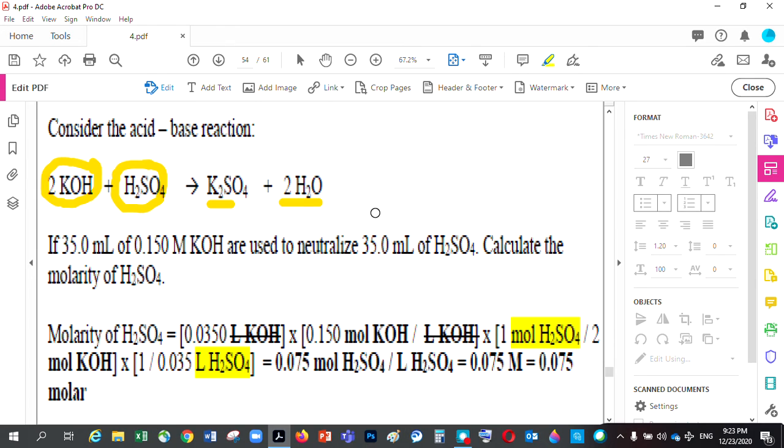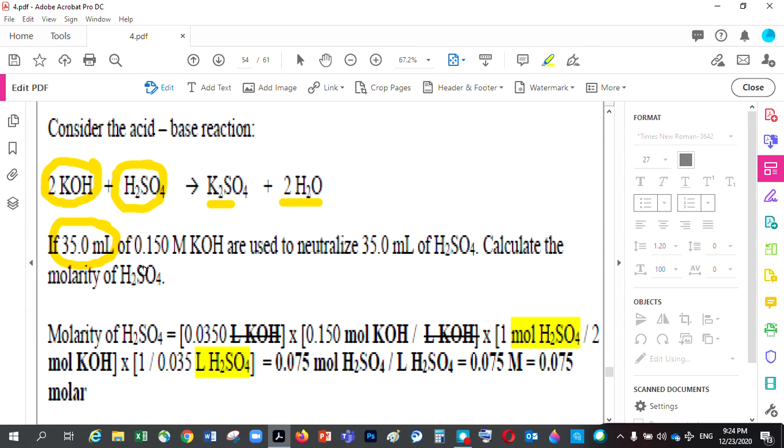And then when the indicator signals a change from colorless to light pink, we stop the reaction and read how much sodium hydroxide is used, the amount or volume, and then record the volume and do the calculations. Now let's do it here. If we have read, after the end of the reaction, 35 mL, that's the endpoint.